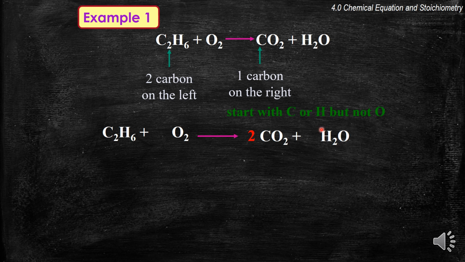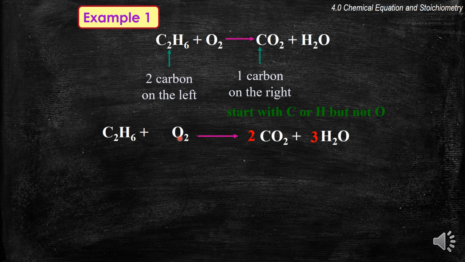To balance the hydrogen atoms, we place a 3 in front of H2O. At this stage, the carbon and hydrogen atoms are balanced, but the oxygen atoms are not, because there are 7 oxygen on the right hand side and only 2 oxygen atoms on the left hand side of the equation.